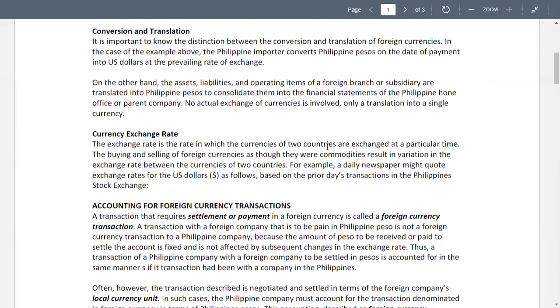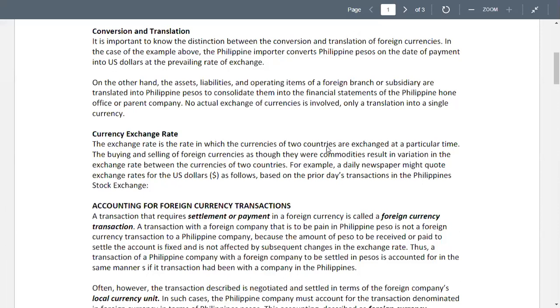A transaction with a foreign company that is to be paid in Philippine peso is not a foreign currency transaction to a Philippine company because the amount of peso to be received or paid to settle the account is fixed and is not affected by subsequent changes in the exchange rate.